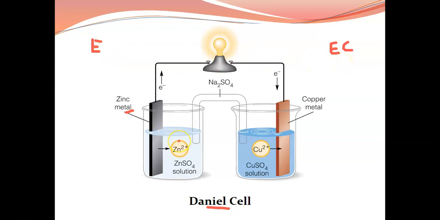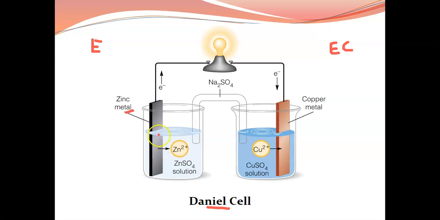For formation of a cell, we need electrodes, we need electrolyte, and we need to connect those electrodes externally as well as internally. So in the Daniell cell, which is an electrochemical cell, you can see here the zinc metal. It is dipped in a solution of zinc sulfate. This zinc metal is acting as an anode, because here the oxidation of zinc metal is taking place.